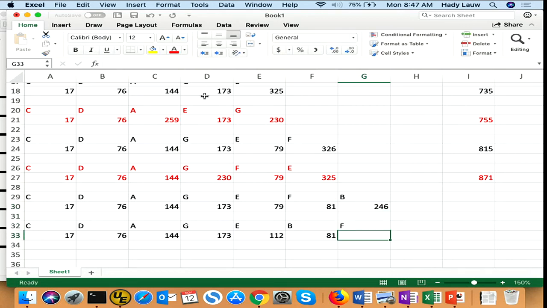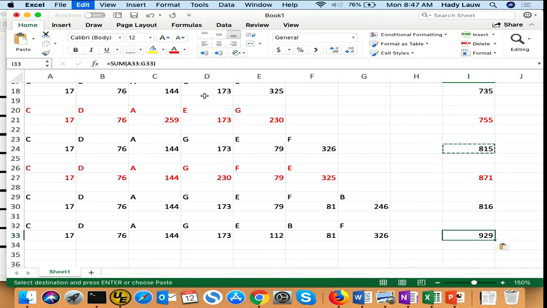This one is FC, and FC is 326. So it looks like one is clearly shorter, right?